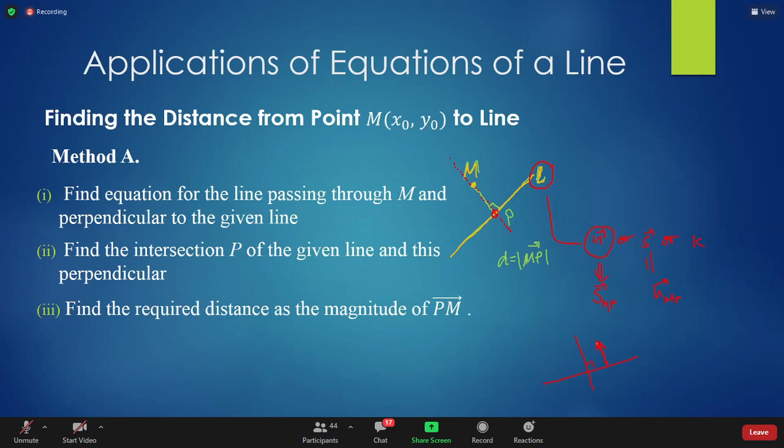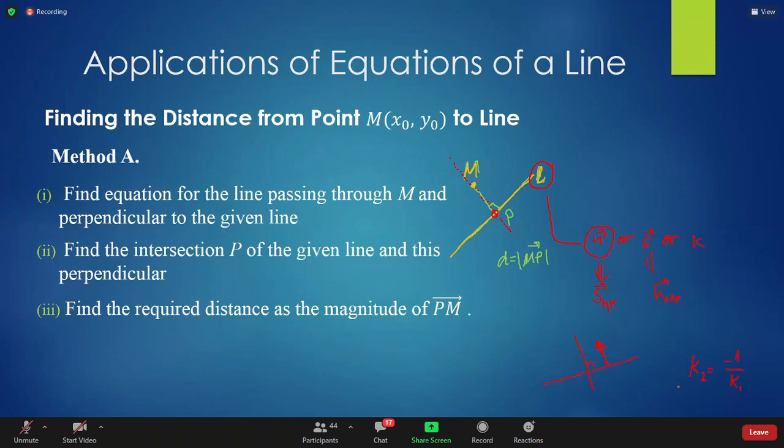And if you have the equation in terms of the slope, then remember for the perpendicular line, you can find the slope as -1 divided by the slope of the first line, because the product of the two slopes must be -1 for perpendicular lines. So this idea of perpendicularity is very helpful for finding the distance.